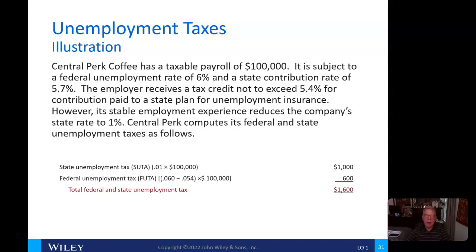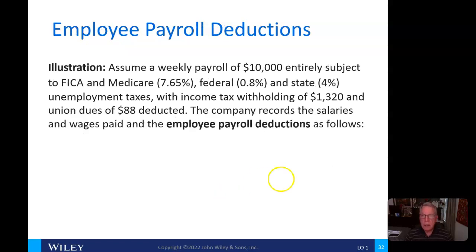Okay. Now that assumes, of course, that all the employees here have not reached their $7,000 maximum per employee. And this is also based on a calendar year, not a fiscal year. All right. Now, here, let's assume a weekly payroll of $10,000 entirely subject to FICA and Medicare.